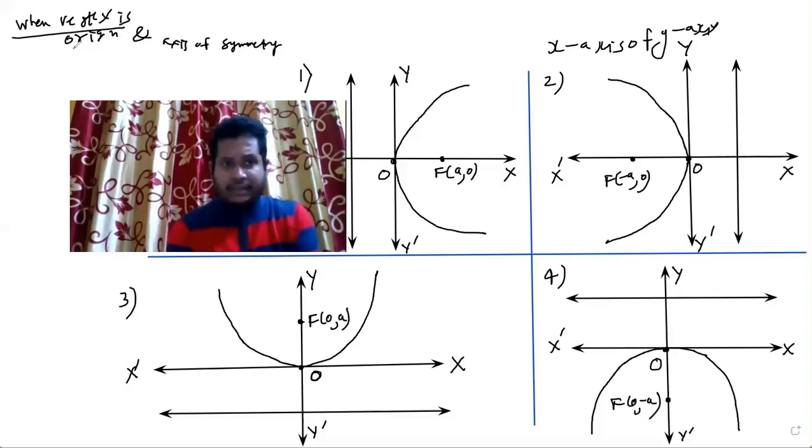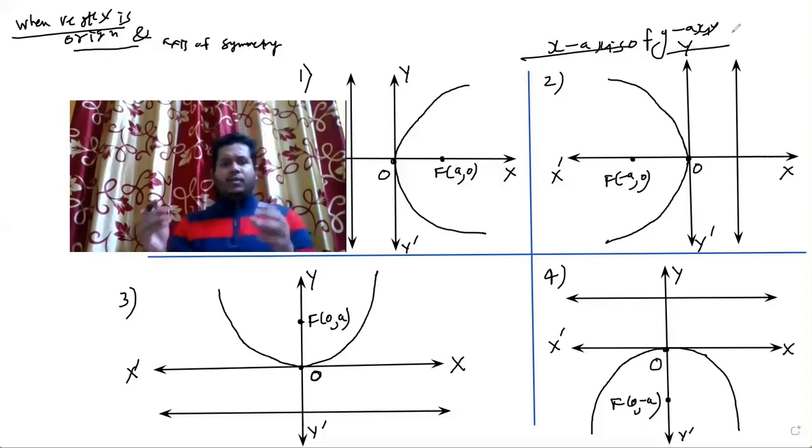The general case we will see after this. So this is only the case when the vertex is the origin and the axis of symmetry is either the x-axis or the y-axis.